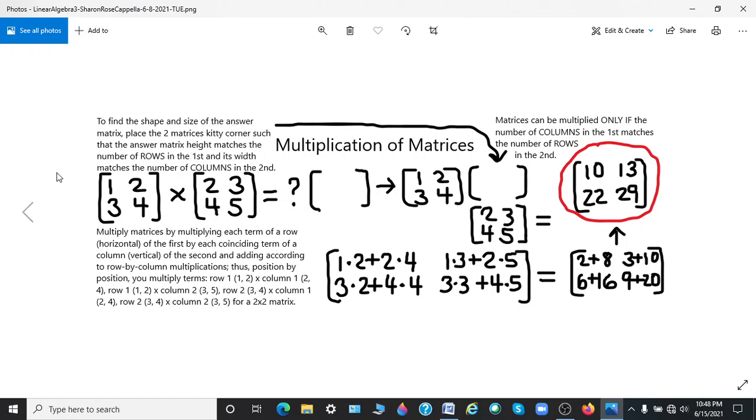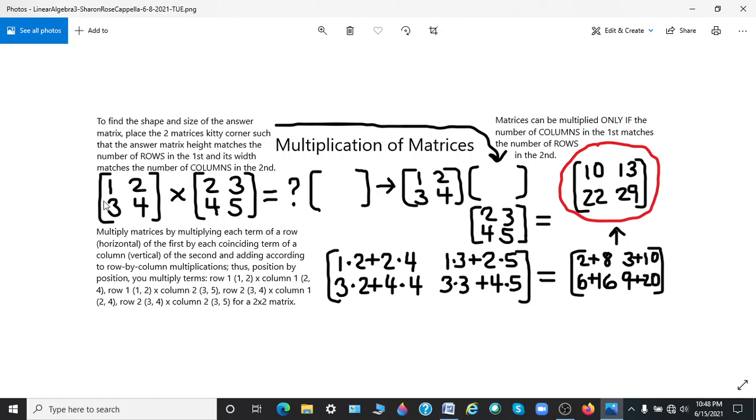You see how you move across over here and you move down over here? So if you're doing component by component multiplication, the number of terms in a row in the first one has to be the same as the number of terms in the column of the second one. So the number of columns in the first matches the rows in the second.